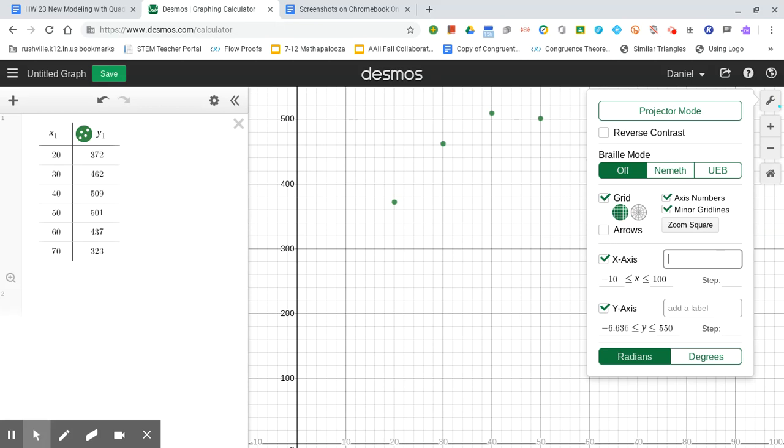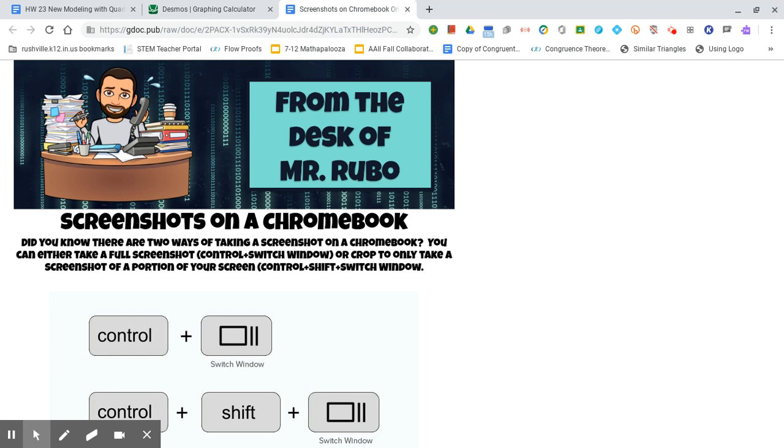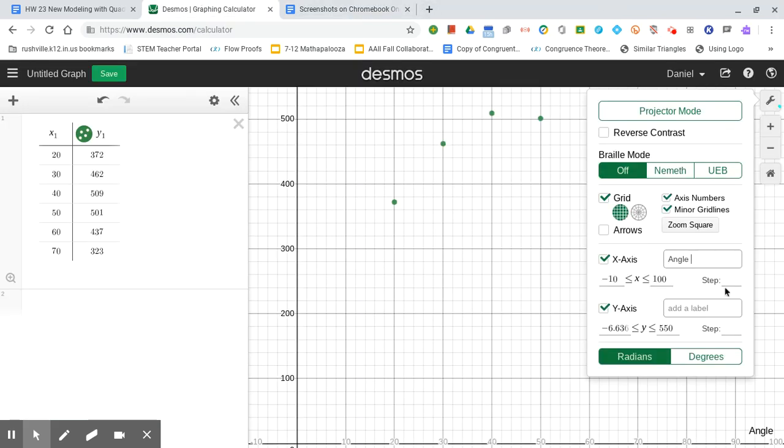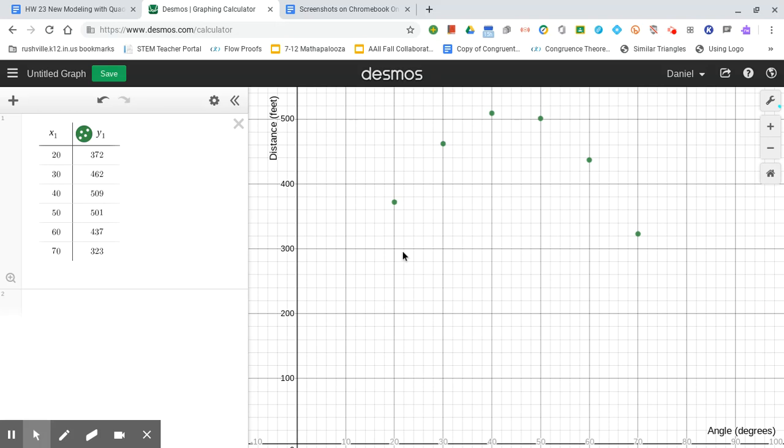For our x-axis, remember that was angle in degrees. And our y-axis label was distance measured in feet. And you see right away that those labels are showing up on the x and the y-axis.